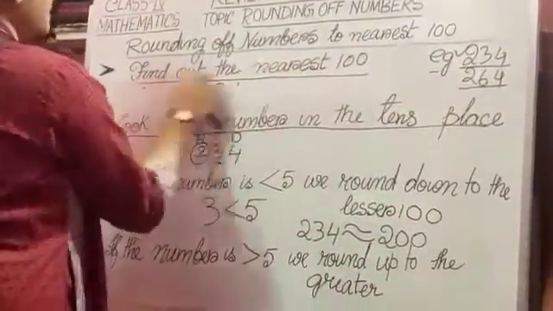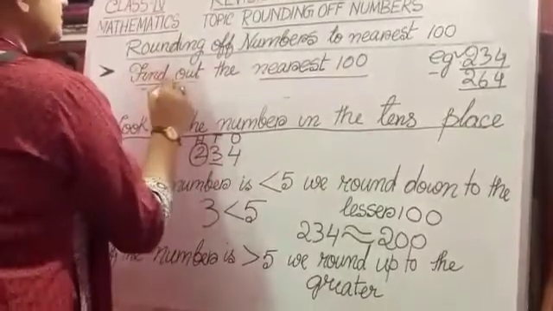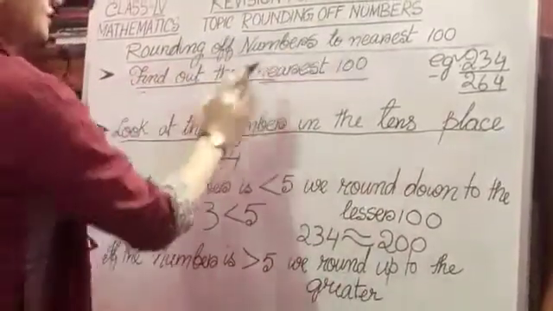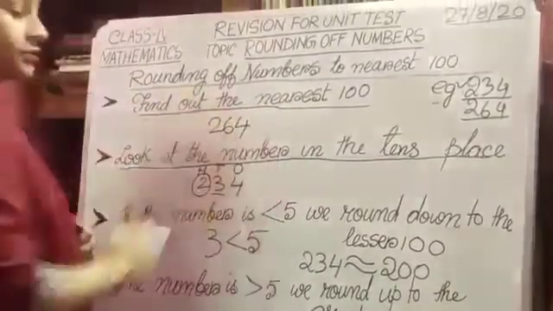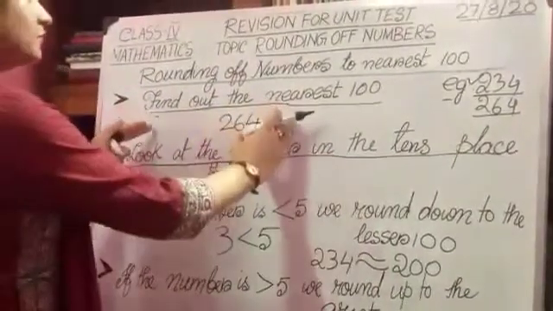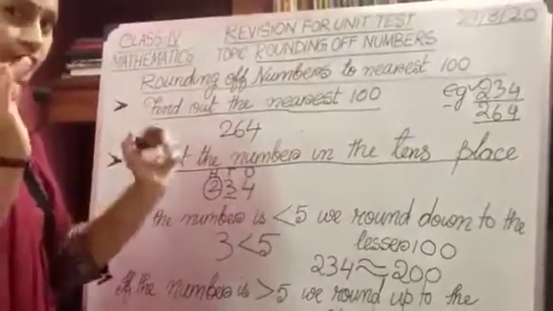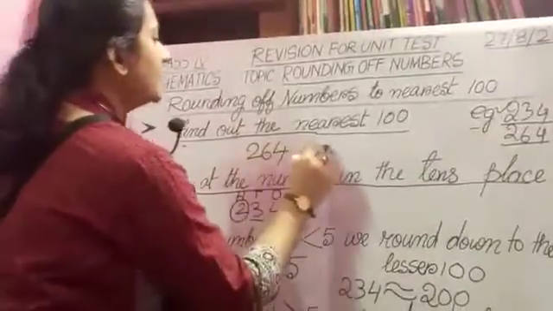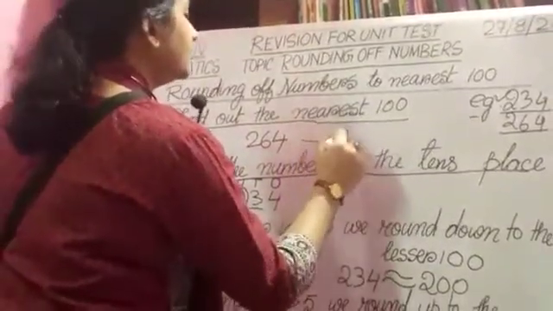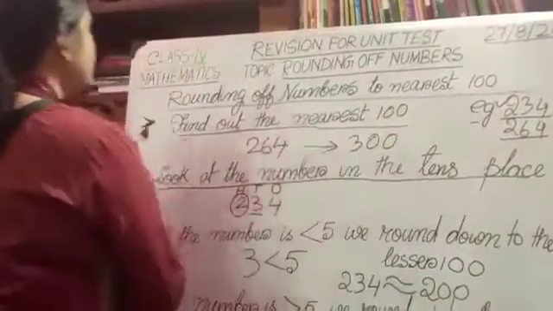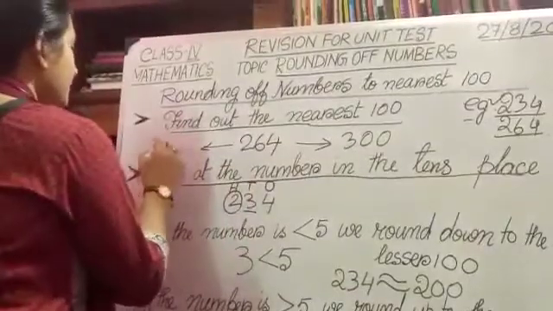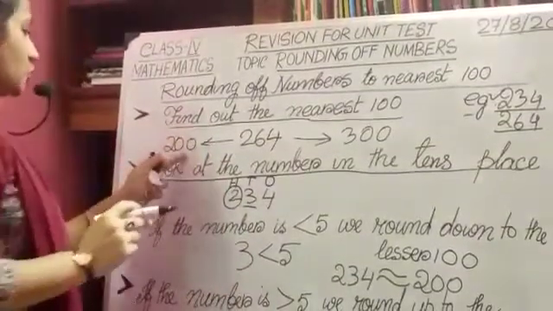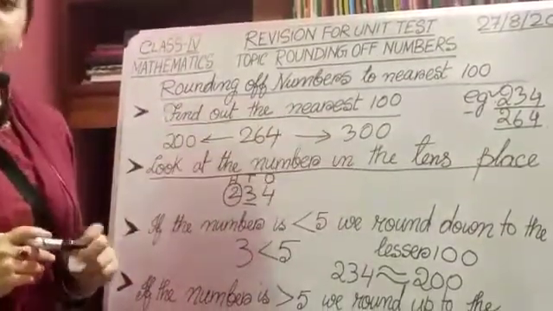Next number. Our next number was 264. So according to the first step, we have to consider the two nearest hundreds. So again, here we have 300. 264 is sitting in between the 200s, 200 and 300, right?